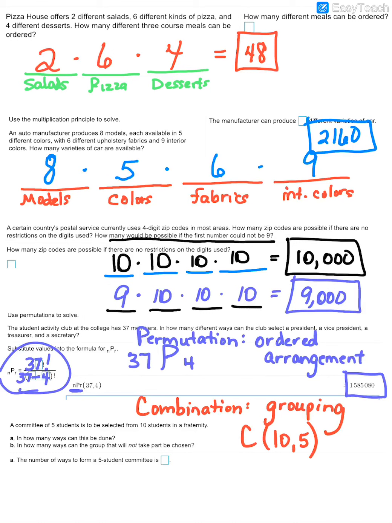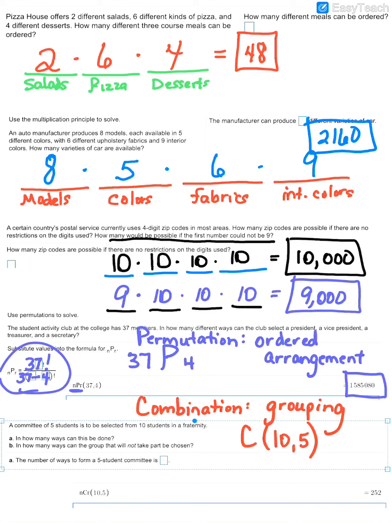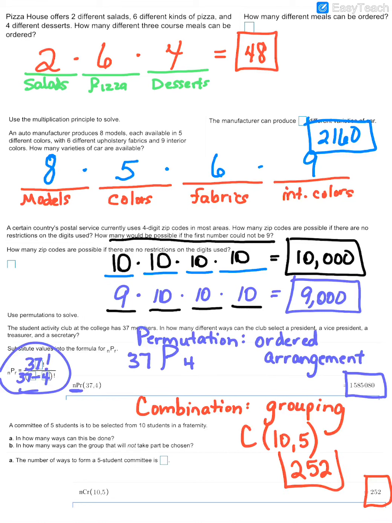So on my calculator, I would type it in as a combination. So in the same place that you found the NPR, you would see that there's also a key for the NCR. And again, this is just the one off of Desmos. Always put your N first, followed by your R value. And then once you hit enter, you'll notice in this case that I had 252 different ways that committee could be chosen.